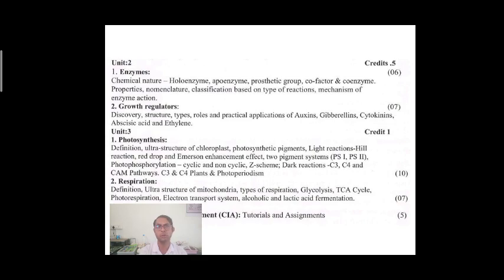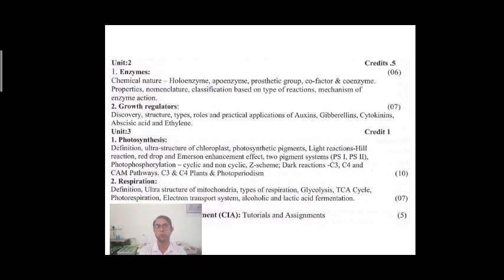And the next most important part which we are going to study in unit number 3 is respiration. This covers the definition of respiration, ultrastructure of mitochondria, types of respiration, glycolysis, TCA cycle, photophosphorylation or photorespiration, electron transport system, and alcoholic and lactic acid fermentation.